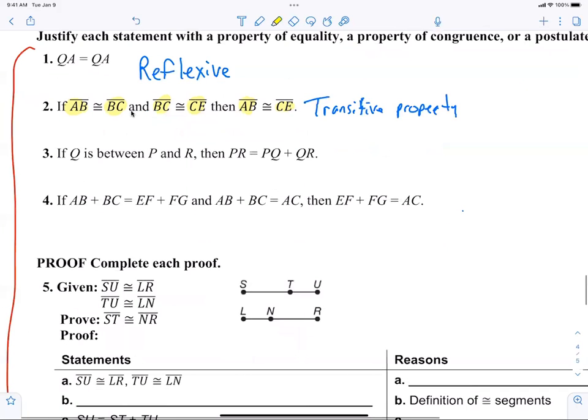Number 3. Everybody should be able to say that easily now. If Q is between P and R, say it again. Yes, sir. Thank you very much. Segment addition postulate. If you can't see that, you can tell me. All right, number 4.